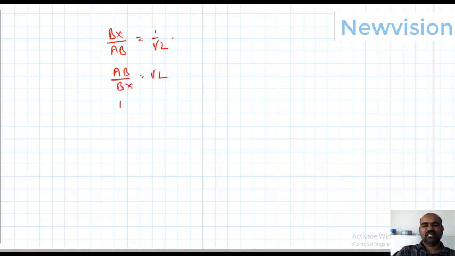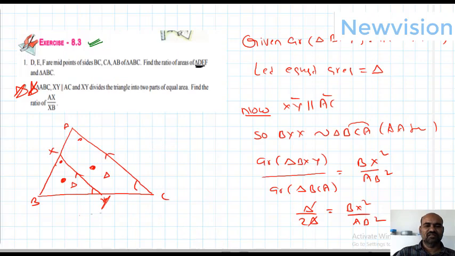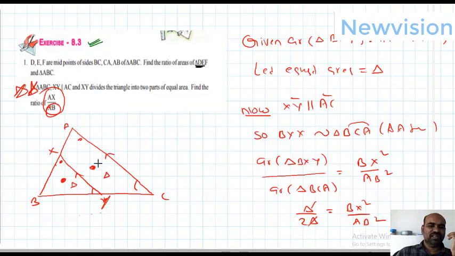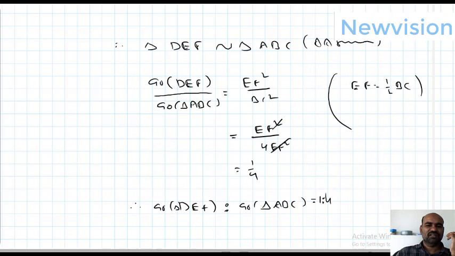Subtract one on either side: AB by BX minus 1 equals root 2 minus 1. So AB minus BX by BX. I think you understood why I subtracted one on the other side. In the denominator I want XB, in the numerator AX I want. AB minus BX is only AX. That's why I subtracted.